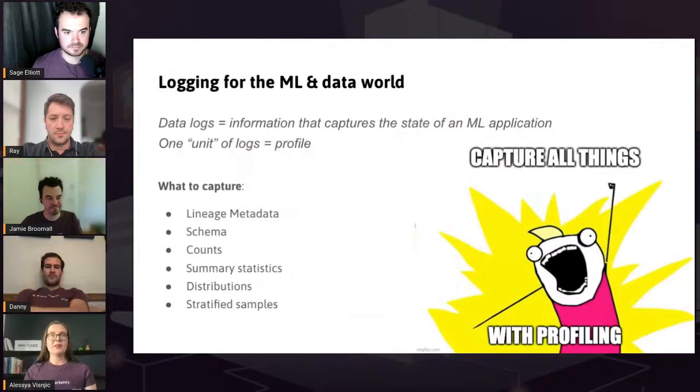So, okay, if we can't exhaustively enumerate all of the things that we need to monitor, what do we do? Well, we kind of go back to a little bit more open-ended concept of what's being captured, and we call that concept logs. So logs essentially capture a lot of the statistical properties of everything that's happening in your system over some kind of batch of time, and then you can use them to boil them down into particular metrics, and you can explore the various data in your log files to find those unknown unknowns.